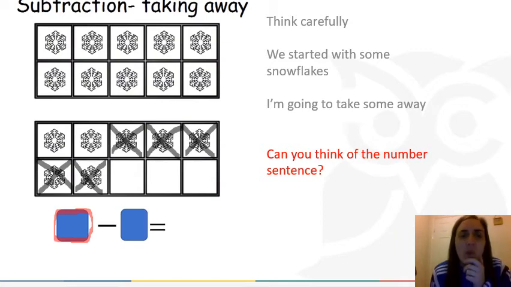And then we took away, we know that this is our takeaway sign. We're amazing at that now. How many did we take away? Count my crosses if you want to remember. And then, what did it equal? What's the answer at the end? How many are left?